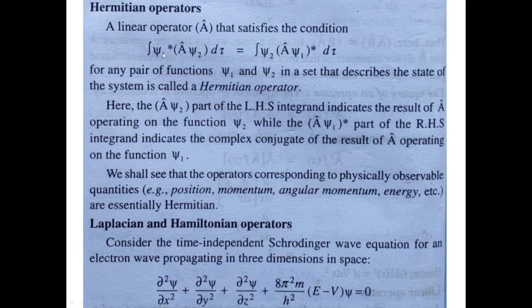Here the A operator is acting on the function psi 2, and then we get a function, which may be psi 1 star psi 2 d tau. And here the A operator is acting on the function psi 1, so we get a function, which will be psi 1 star.